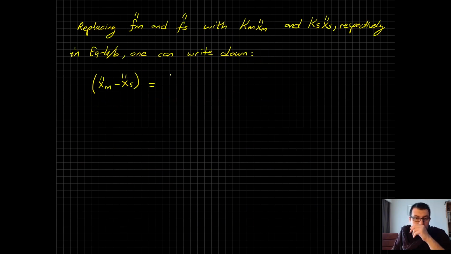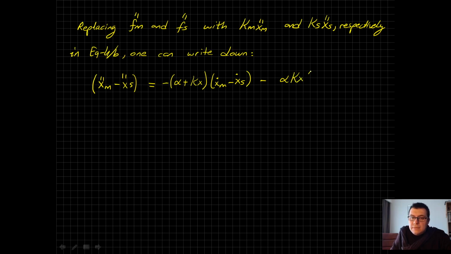Okay, so we have minus alpha plus kx times (x master minus x slave) dot, minus alpha times kx times (x master minus x slave).